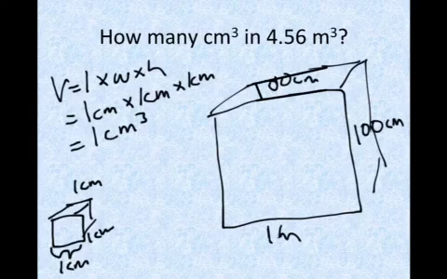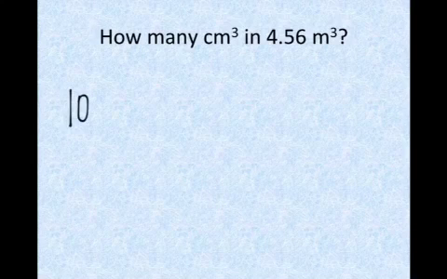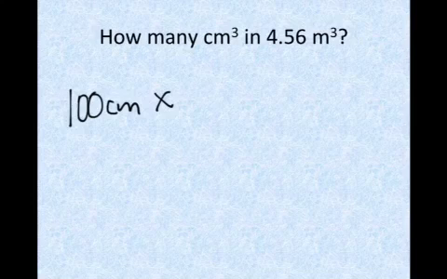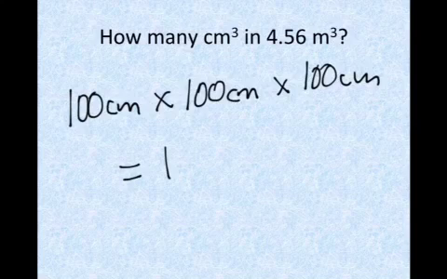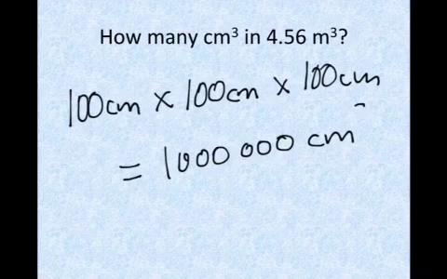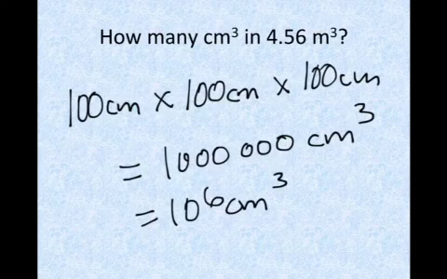So if you were to multiply that out, you would get 100 centimeters times 100 centimeters times 100 centimeters, and when you multiply it out, you get 1,000,000 centimeters cubed, or 10 to the 6 centimeters cubed. So you can see that 1 meter cubed is not equal to 100 centimeters cubed. It's actually equal to 1,000,000 centimeters cubed.